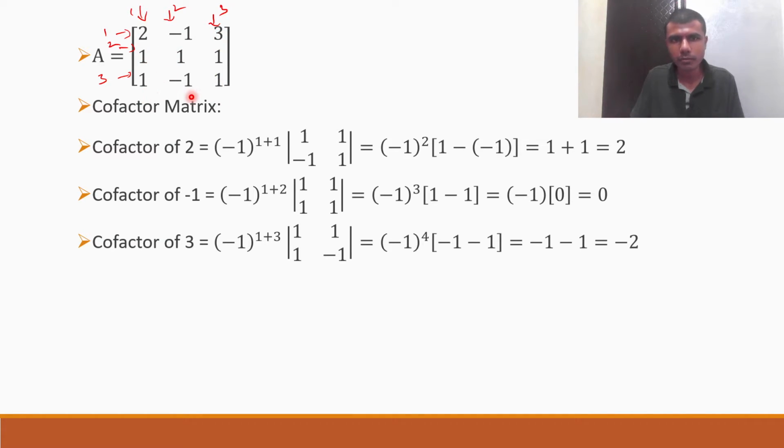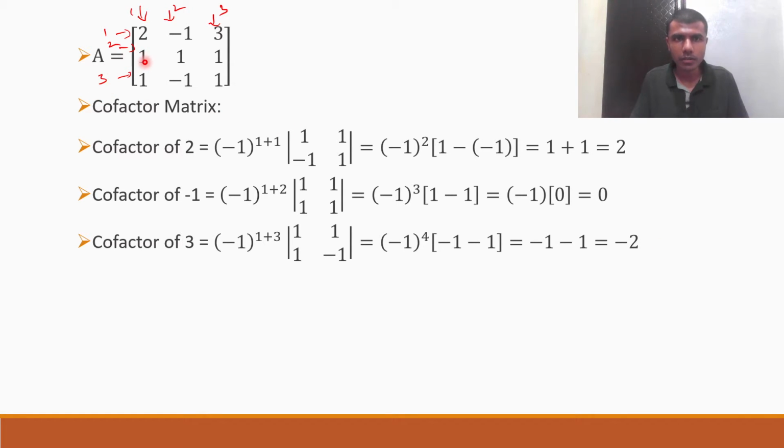So you will get 1 1 1 minus 1, det of 1 1 1 minus 1. So minus 1 power 4 into 1 into minus 1 is minus 1, minus 1 into 1 is 1. So minus 1 minus 1. You get right, this into this minus this into this. Minus 1 power even number, so we can ignore that. So minus 1 minus 1 is minus 2.